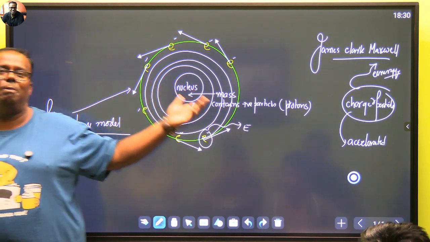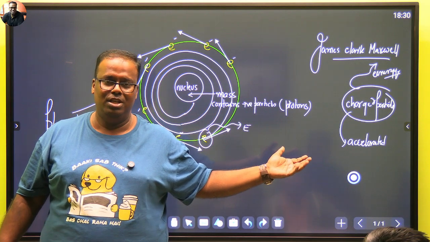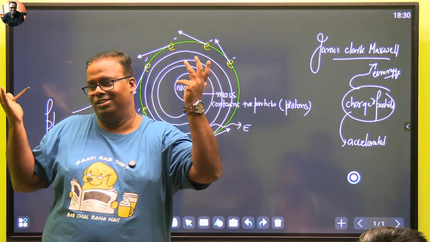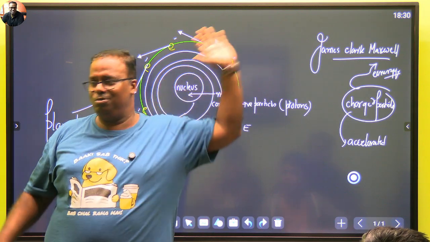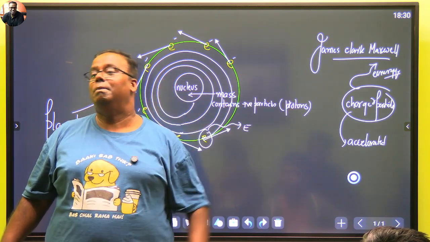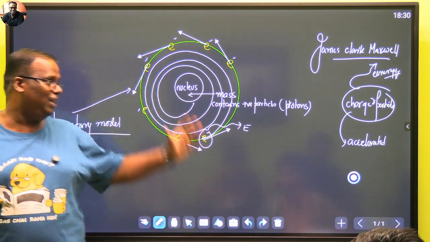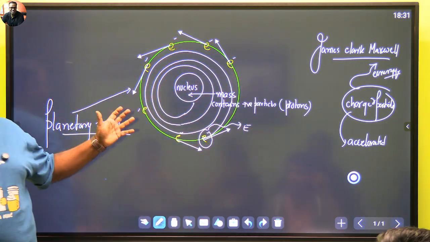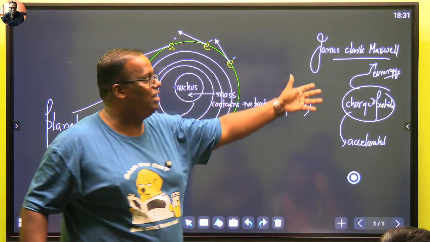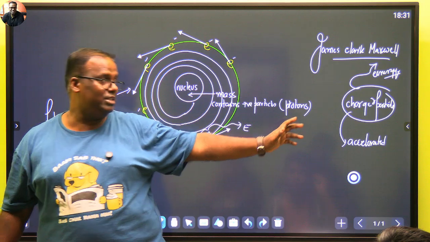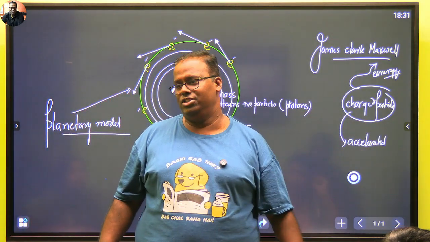That is the drawback of Rutherford's model of atom. Rutherford could not explain the stability of his model. He attributed the nucleus, but electron को अभी भी fit नहीं कर पा रहा है. क्या बोला था? Electrons rotate in circular orbit. But James Clerk Maxwell's finding was long back, and it says that any charged entity, when it is accelerated, will radiate energy.